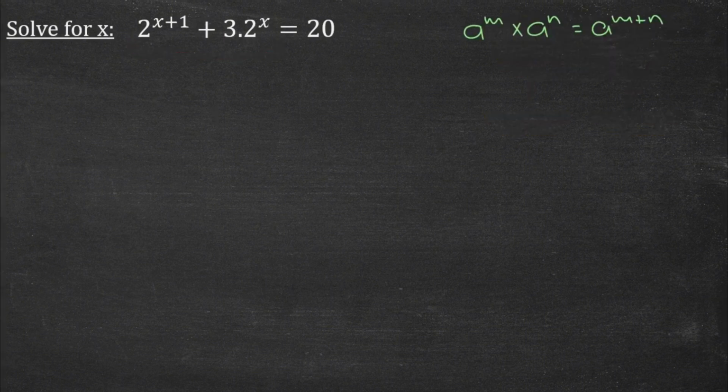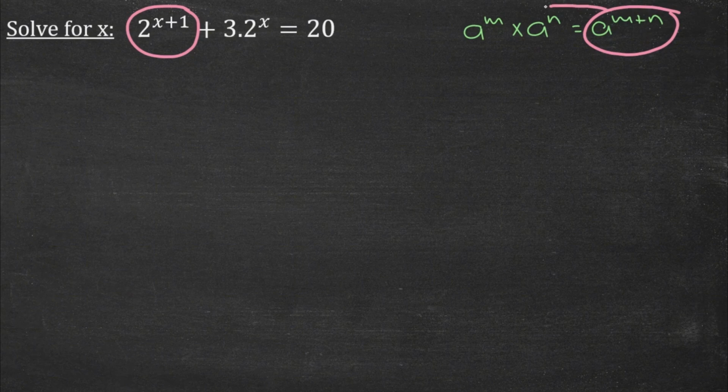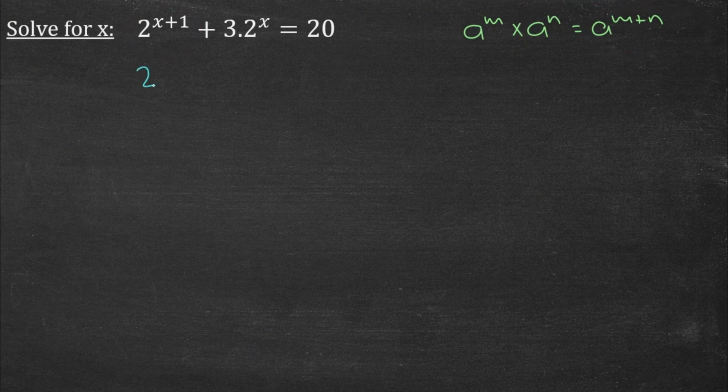So I want you to note that this term looks like the answer of the exponent law. So what we're going to do now is to split this term so that it looks like this term. In other words, we are going to reverse this law. Let me show you. I'm going to keep my base and I'm going to write this first exponent. Then I'm going to multiply. Now this dot means multiply.